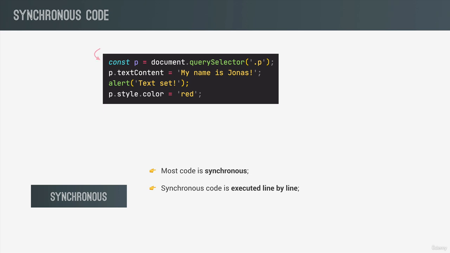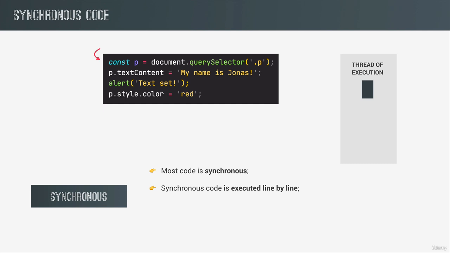So as the first line of code is reached in the execution, it is simply executed in the execution thread. Now don't worry about this execution thread, it's not important here, it's just to make a point of synchronous versus asynchronous code, as you will see in the next slide.